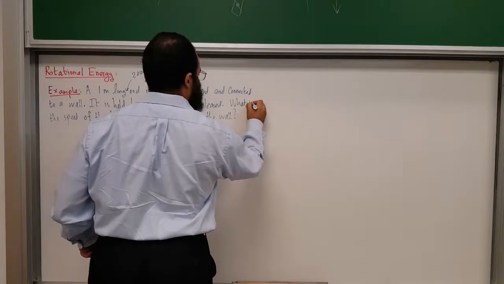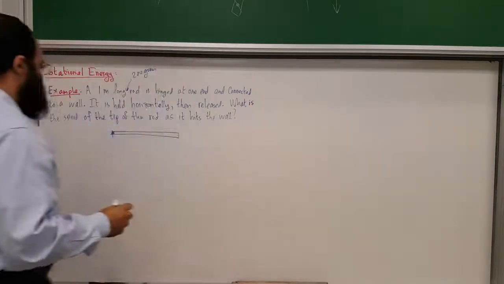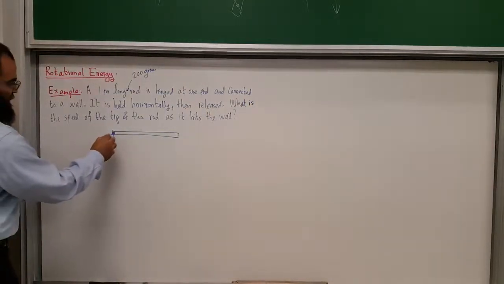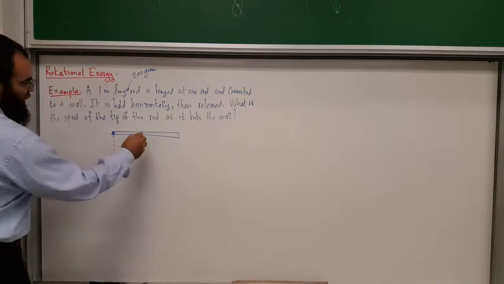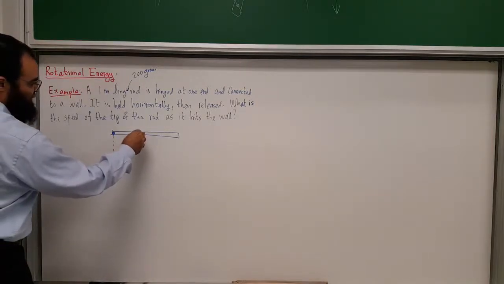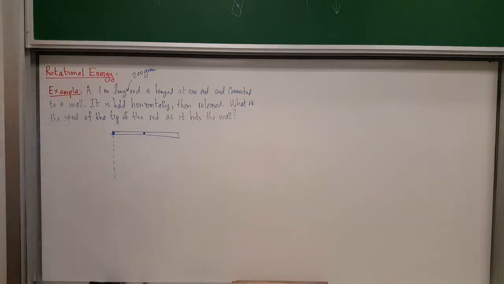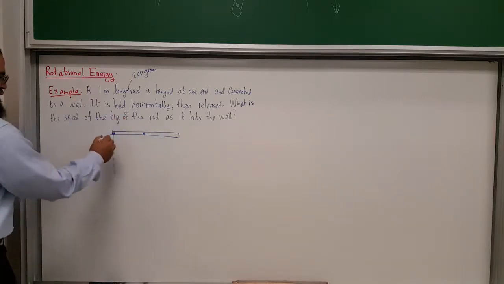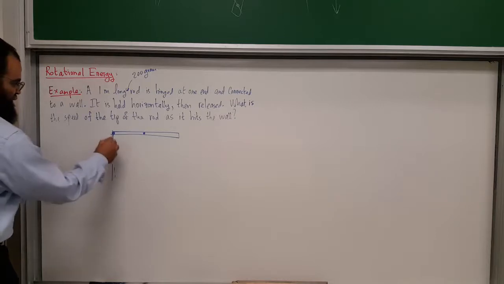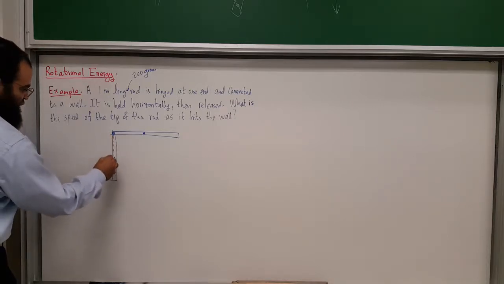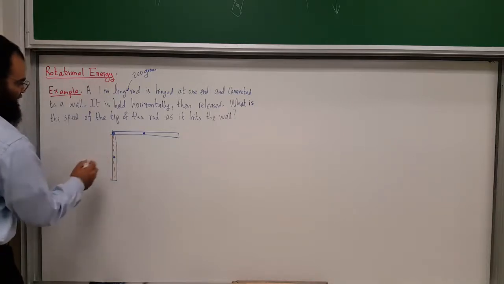We talked about the concept of the center of mass. When the rod is here at the top, the center of mass is here. So what kind of energy does it have? It has potential energy. When it drops, the center of mass will be there.